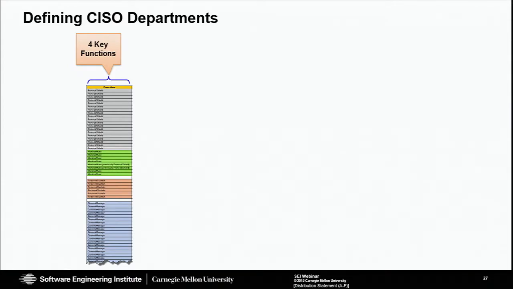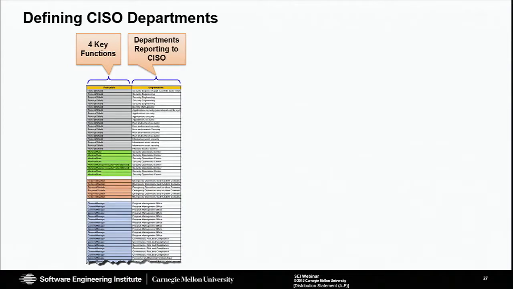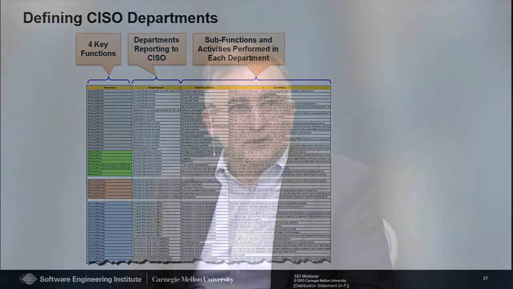Those affinity grouping that Julia talked about, we categorize all of those key functions from all of those sources into 4 groups, and we started taking layers of onion off.